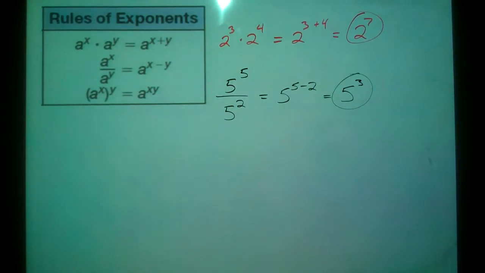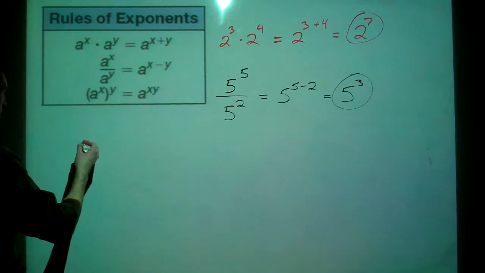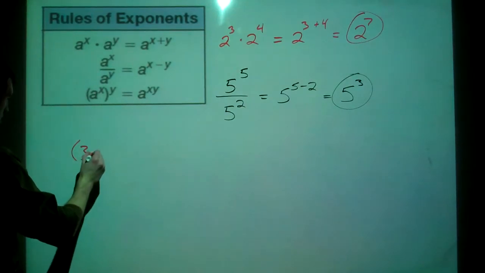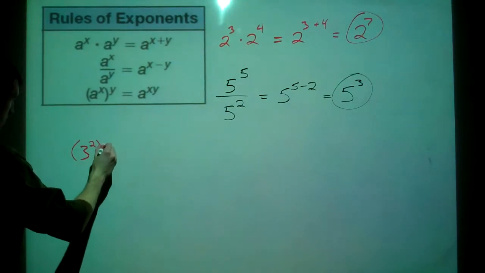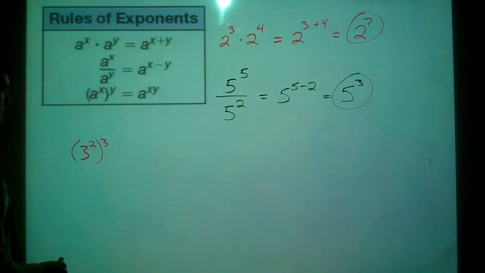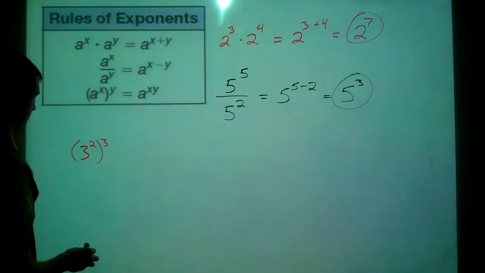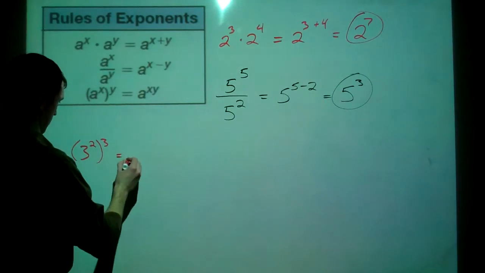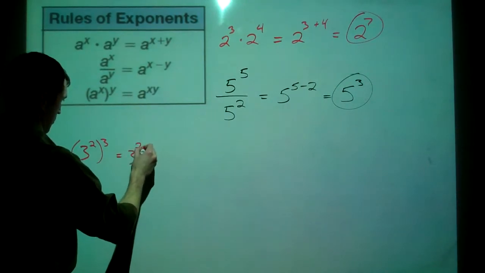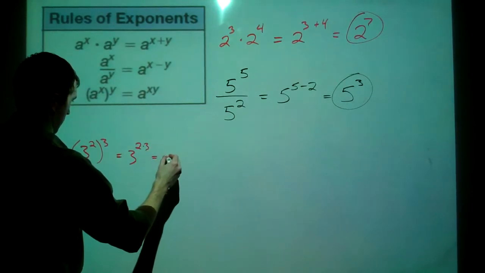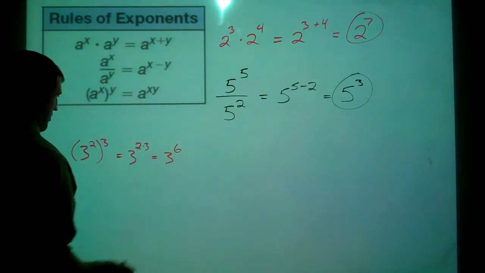Lastly, we have a to the x to the y power. So let's just go 3 squared to the third. What this says is we can multiply these two exponents together. So we get 3 to the 2 times 3, which equals 3 to the 6th.